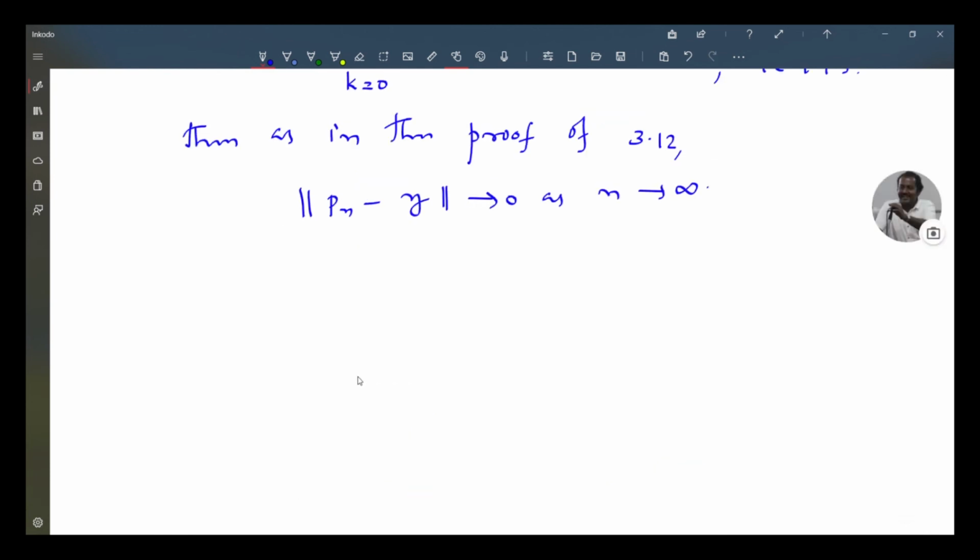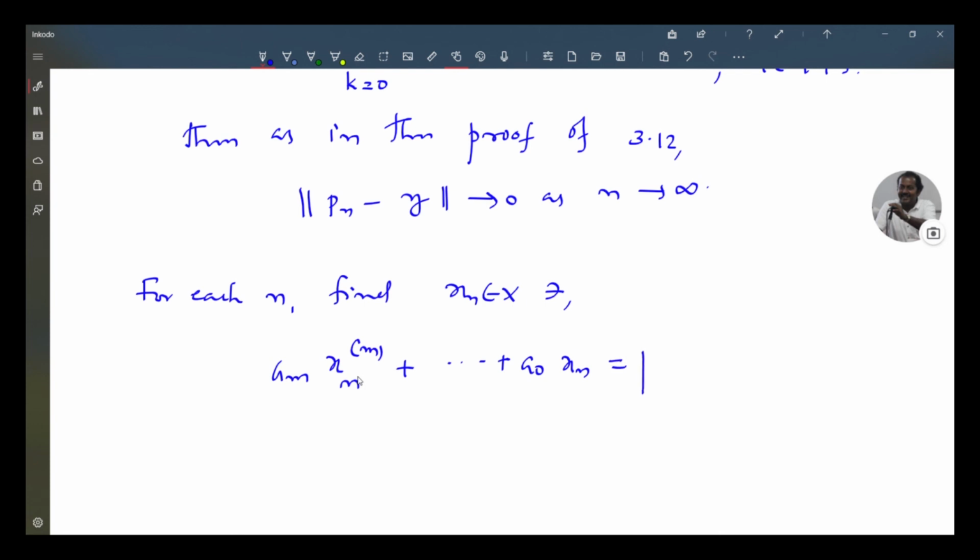Now for each n, find x_n in X such that a_m times the mth derivative of x_n plus etc. plus a_0 x_n equal to P_n.